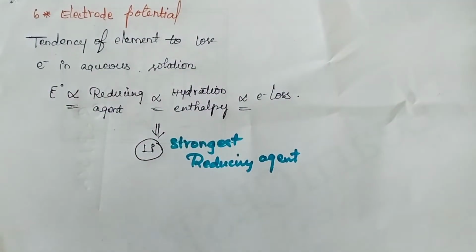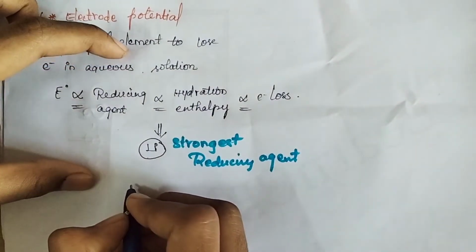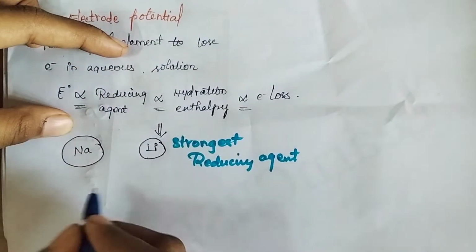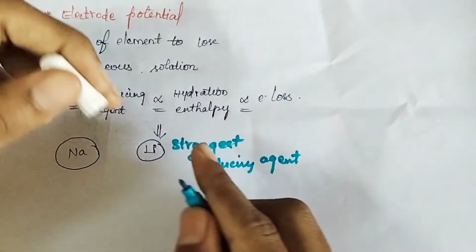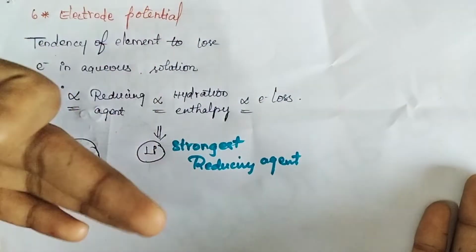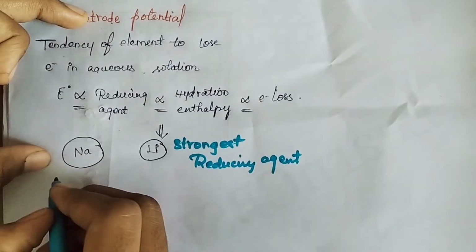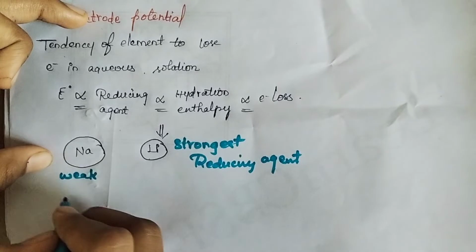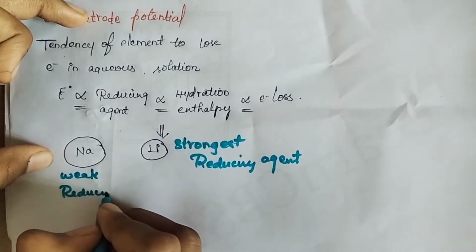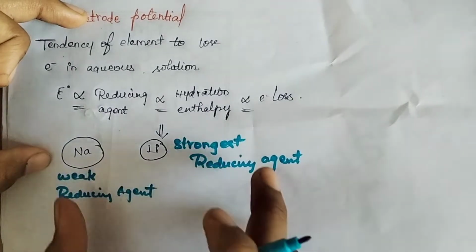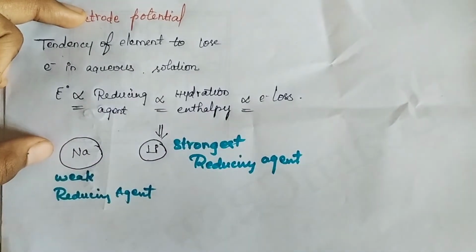Sodium is the exception case. Sodium is the weak reducing agent. Weak reducing agent. Clear?